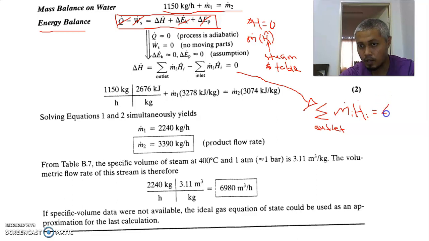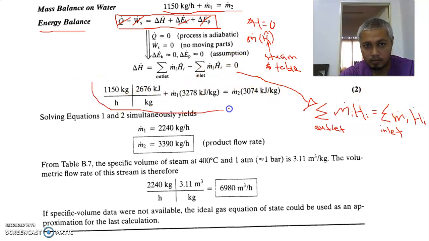Then equals summation of inlet, like shown in this part. Okay, here we have 2 inlet and 1 outlet.